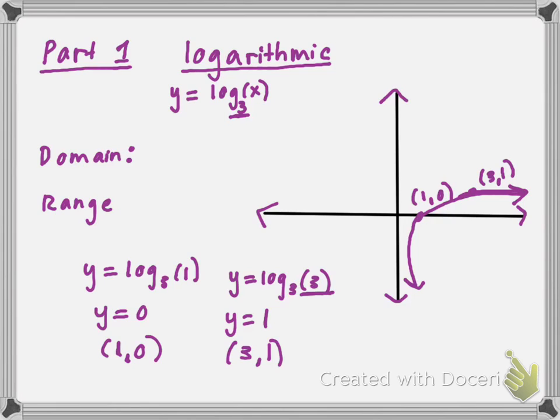If x is 0, the function is undefined, and if x is negative, the function is also undefined, which means that x must be greater than 0. And range-wise, we can see that you can have any range because it goes all the way down and it's just going to keep going up. So the range is going to be all reals. So that's logarithmic functions, pretty simple, and we're going to move on to exponential, which is the opposite of these.